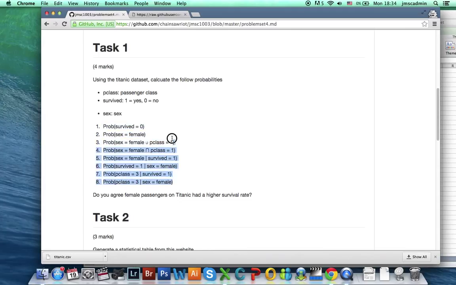In this assignment, most of the time the sample space is all the passengers, and the event is what we are calculating the probability of. For example, we can calculate the first one, meaning the probability of survived equal to 0.